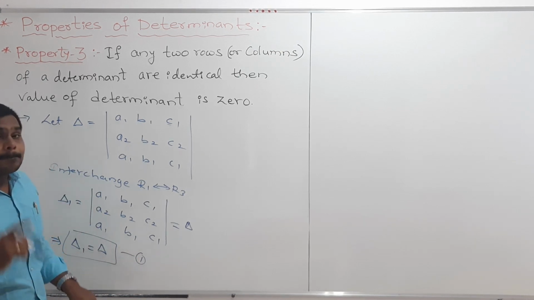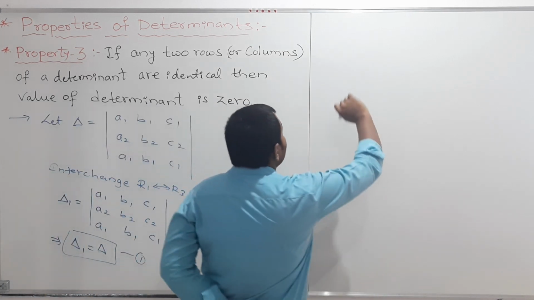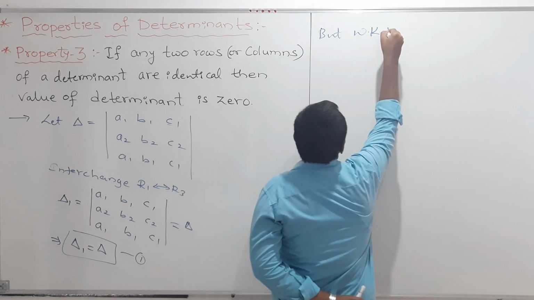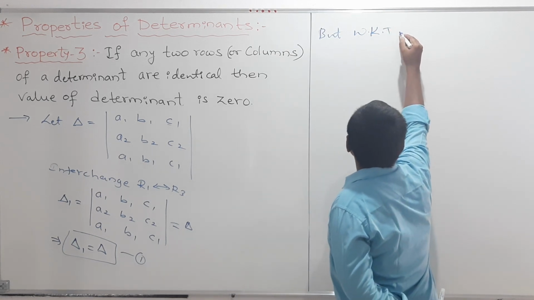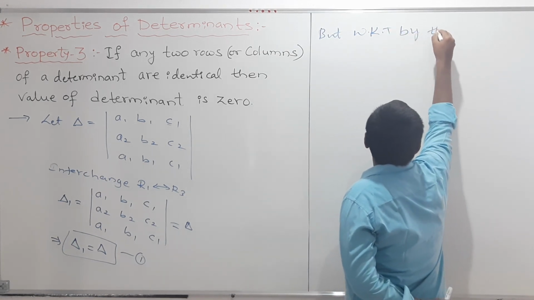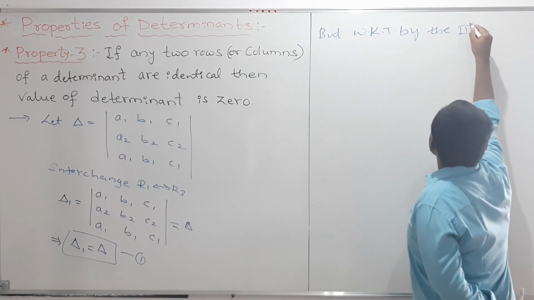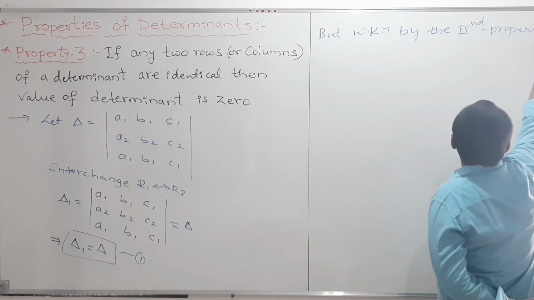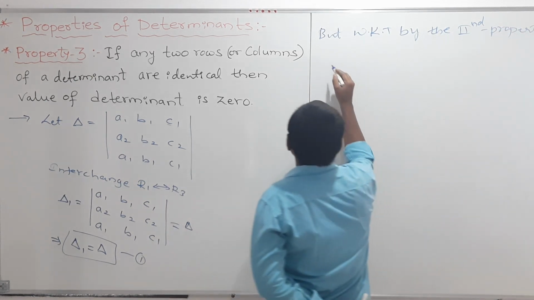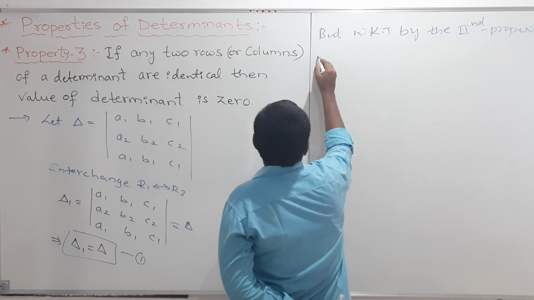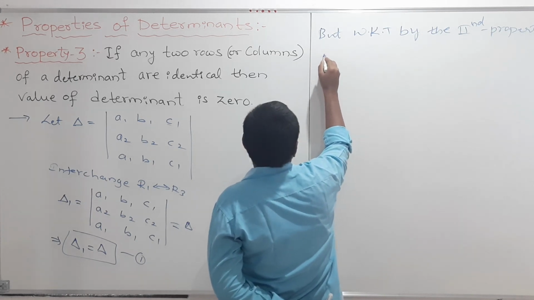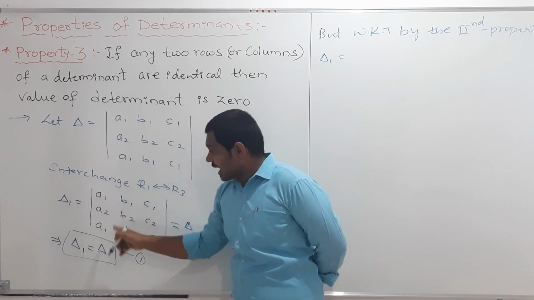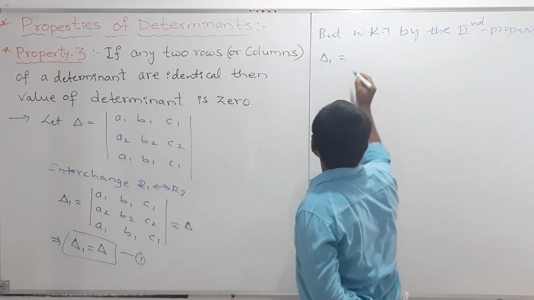But my dear students, please remember, we know that by the second property we can write delta 1 is equal to minus delta.